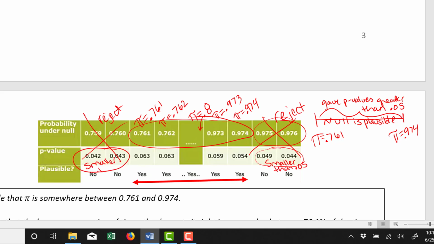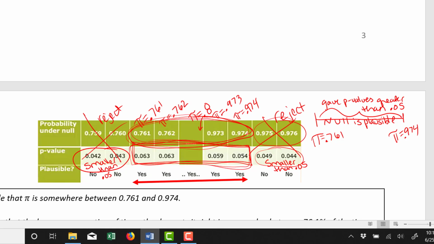So when they hypothesized with a value of pi and got a p-value smaller than 0.05, they would reject. But for this huge interval of values, when they did the hypothesis test, they got p-values that were bigger than 0.05. And so they concluded that each of these values of pi are plausible values for the true population parameter.